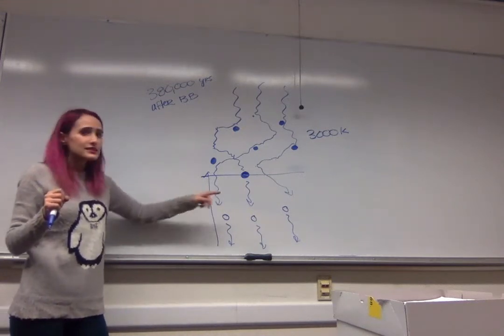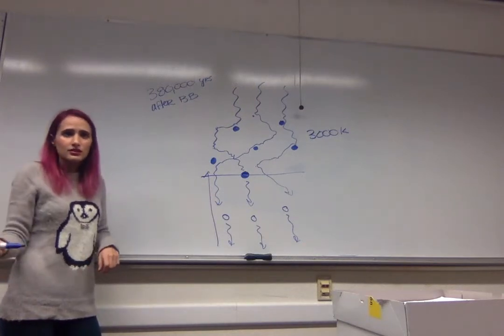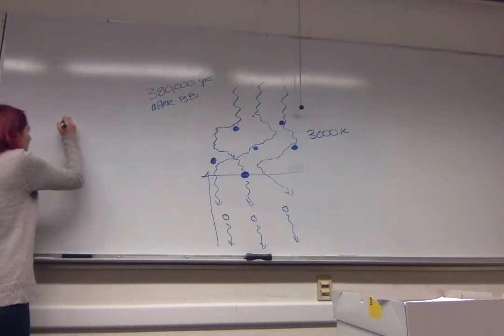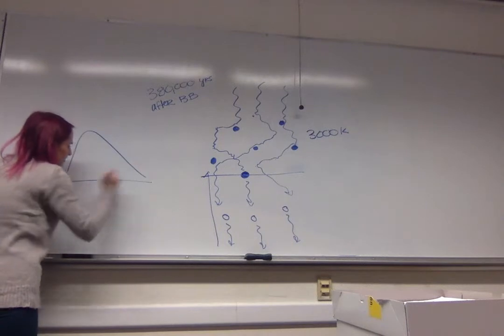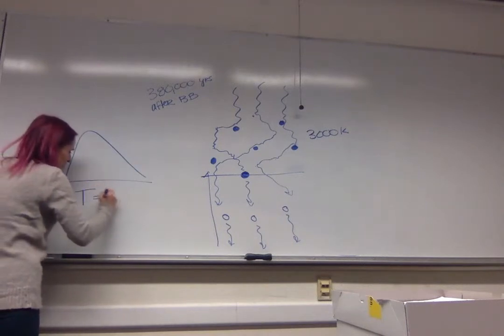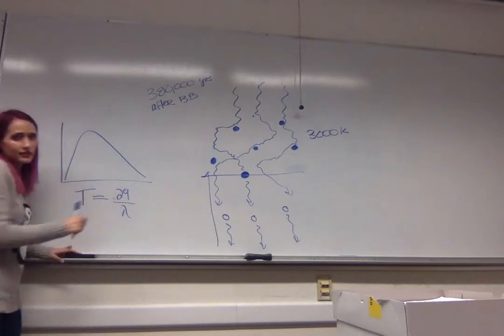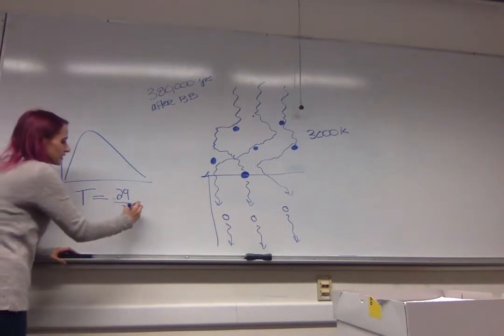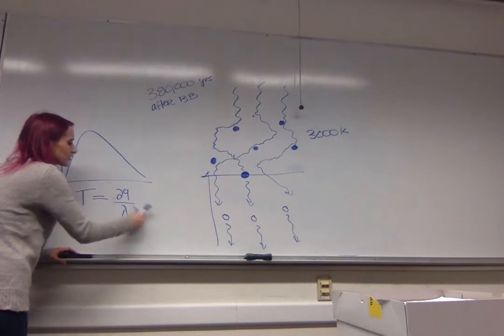So we learned about the Planck curves, right? Back in the beginning, we had this formula that said temperature is equal to 0.29 over your peak wavelength, right? So as this light is getting stretched out, its wavelength is going up.